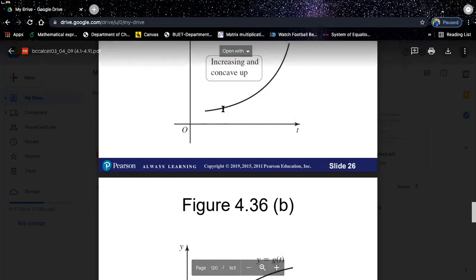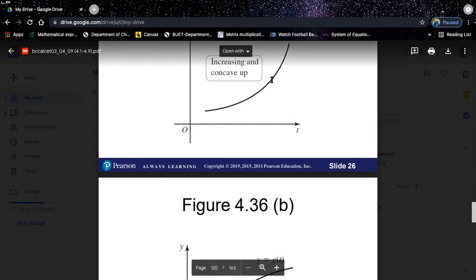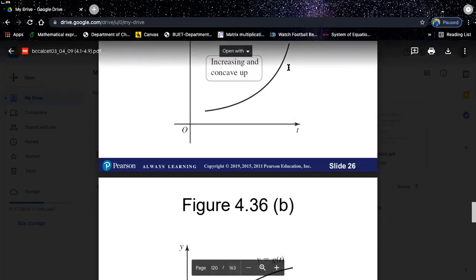It was kind of flat here and it's getting increased as we are moving to our right. You know, the angle created here looks like this. The angle created here looks like this. It's definitely bigger as we are moving to our right. And that's the definition of concave up.